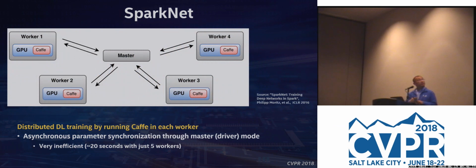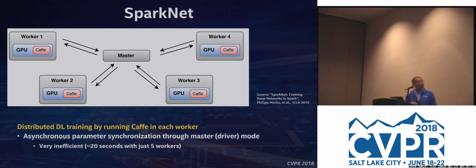The other example is a research project, SparkNet, which is probably one of the first to do distributed deep learning training. As I mentioned before, there are many workers, and inside each worker it actually runs a Caffe instance doing the training, and it's asynchronous.